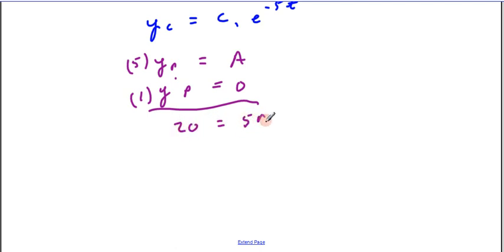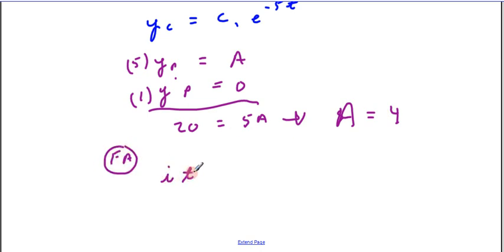So 5A is 20, clearly implying that A is equal to 4. So my final answer, I(t), is going to be equal to, well, it's not the final answer yet, c1 e to the minus 5t plus 4, because I still have an initial condition to apply.